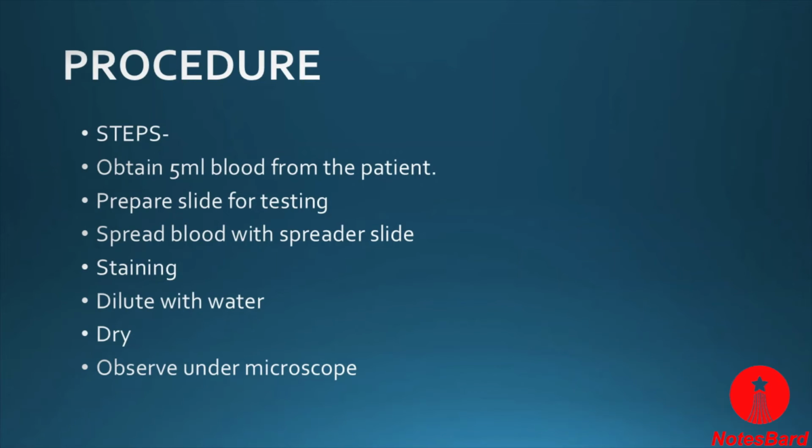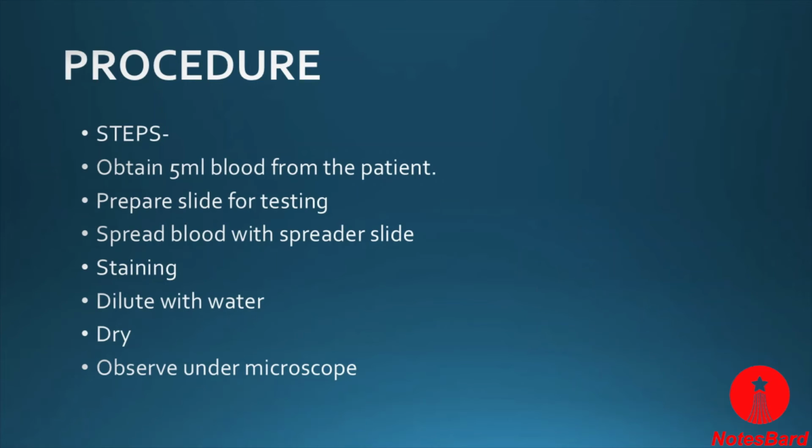The slide containing the blood drop is called the base slide. Another microscope slide, named the spreader slide, is used to spread the blood drop. The smear is made with the spreader inclined at an angle of approximately 30 degrees to the blood, so that it is spread properly with a proper thickness.